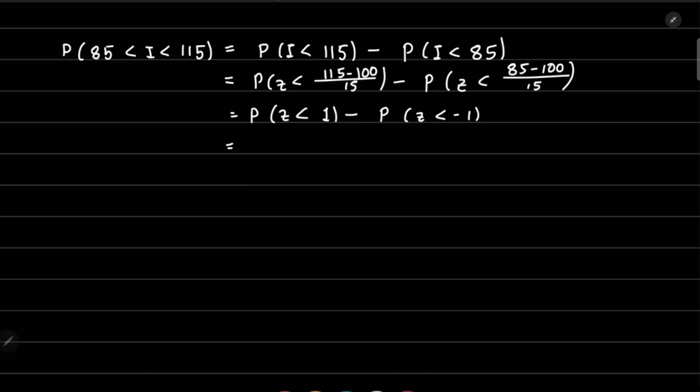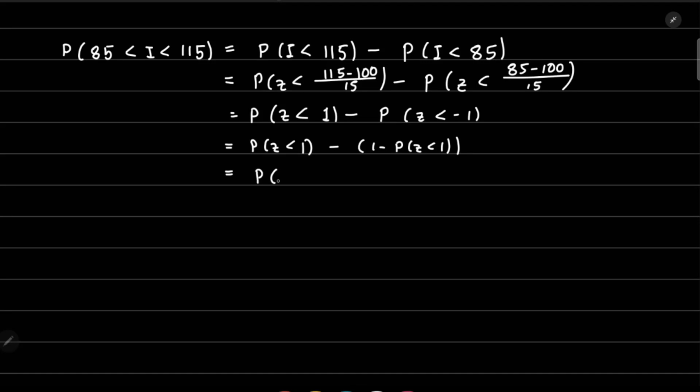I know that the probability of Z being less than −α is 1 minus the probability of Z being less than α. If I apply this over here, I get probability of Z less than 1 minus (1 minus the probability of Z less than 1). So minus times minus will become plus.